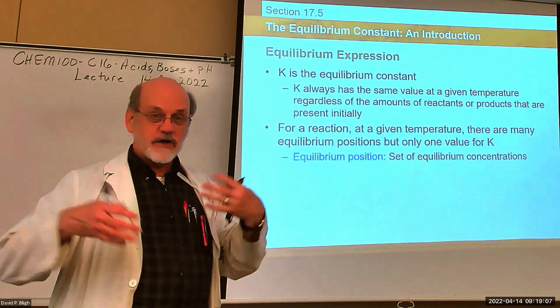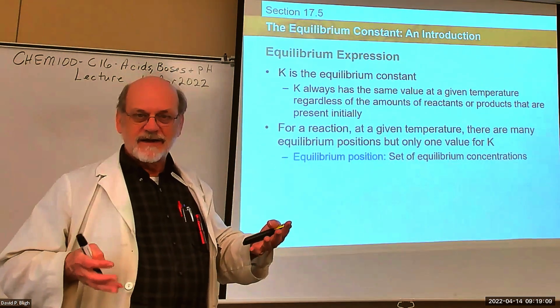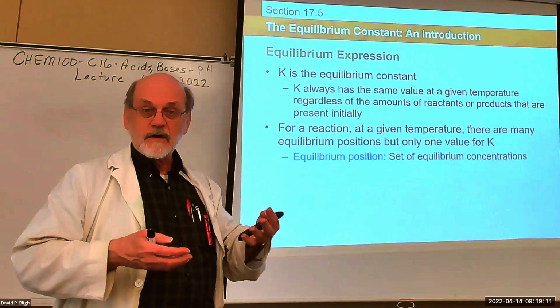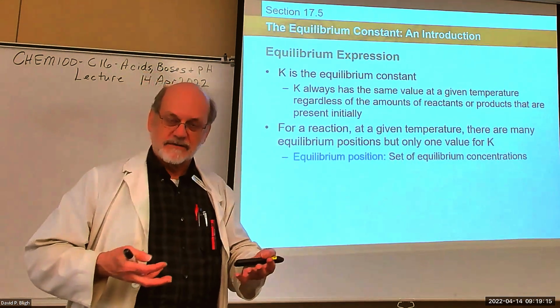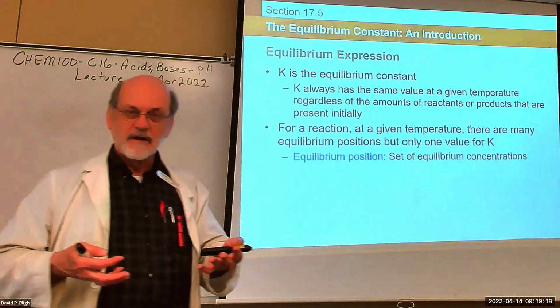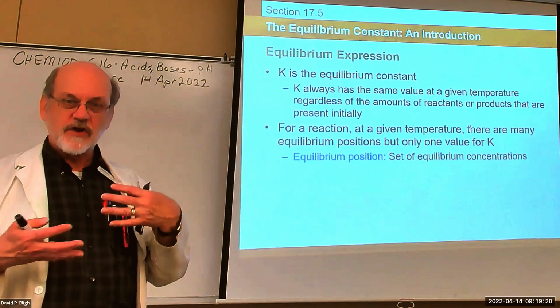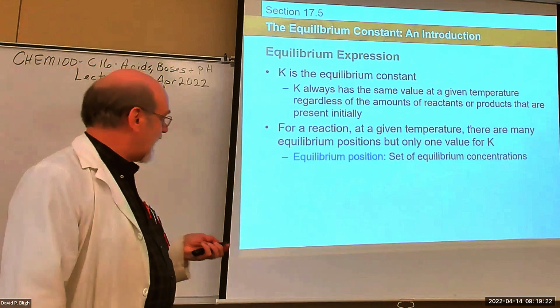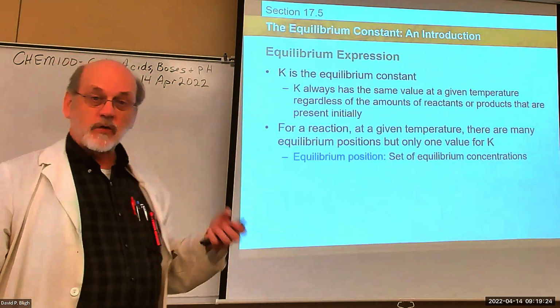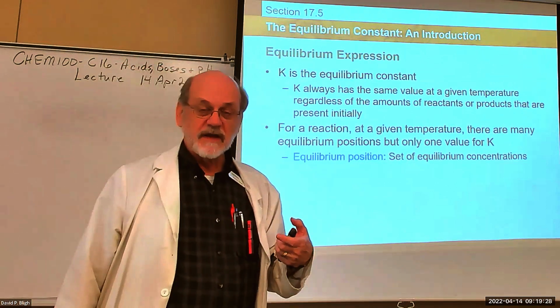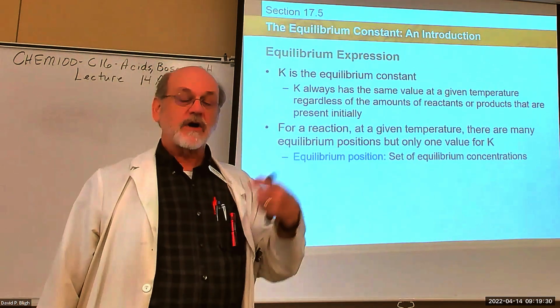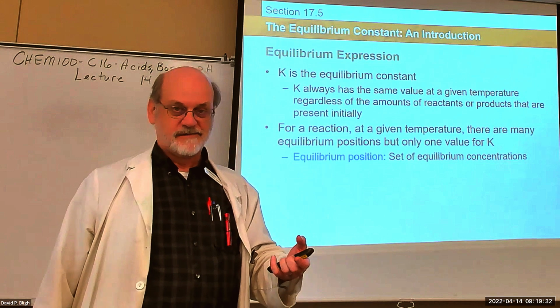We have a different concentration of carbon monoxide. We have a different concentration of carbon dioxide. And we have a different concentration of hydrogen as products. Those different concentrations represent a different equilibrium position. The equilibrium position is an expression of real concentrations, right?